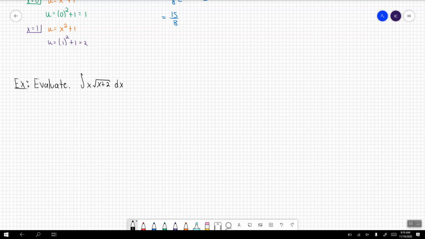Now initially it doesn't look that bad, and it's once we start getting into the substitution that we're going to see that it's going to be a little bit different than the previous ones. So I do see a function composition, and I do see a function multiplying that function that is being composed. So what I'm going to do at this time is assign u is equal to x plus 2.